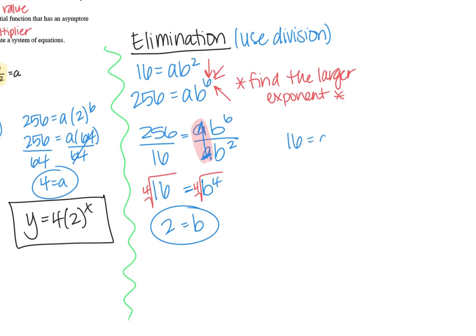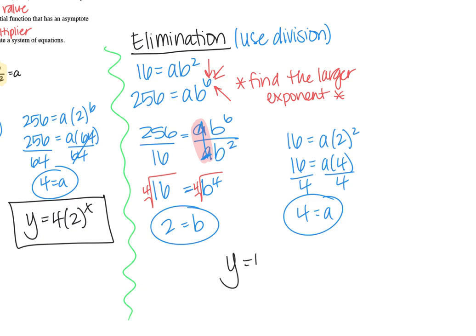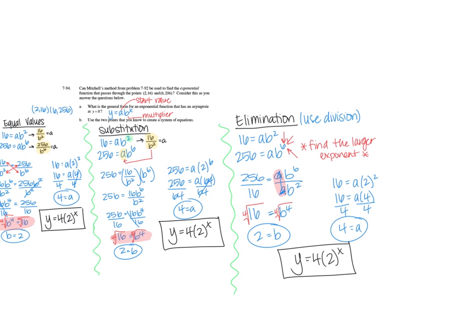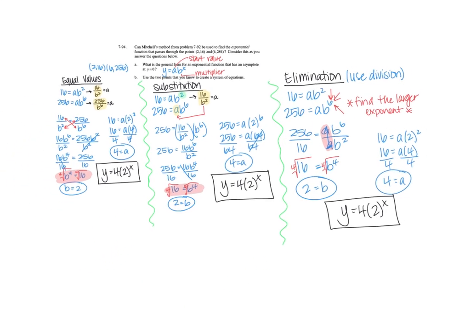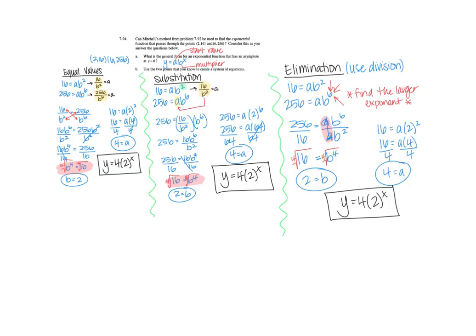I'm going to go back to the smaller equation. 16 equals a times 4 divided by 4. Once again, a equals 4. Again, y equals 4 times 2 to the x. So like I said, any system of equations can be solved using any of these three methods, okay?